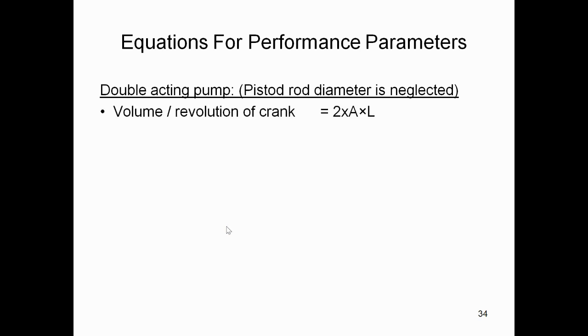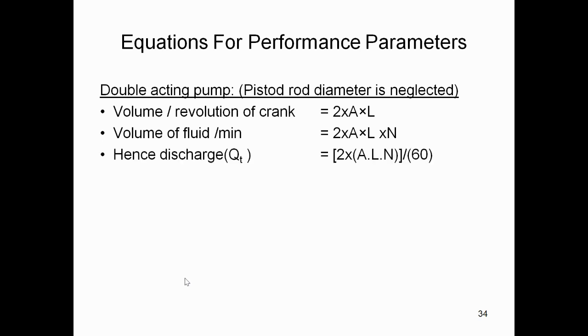The volume per revolution of crank is equal to 2 into A into L. The volume of fluid per minute is 2 into A into L into N. Hence the theoretical discharge Qt is equal to 2 into L into A into N by 60.